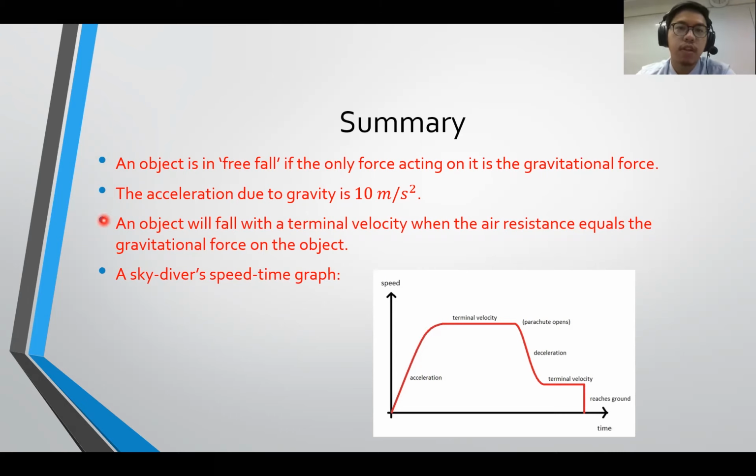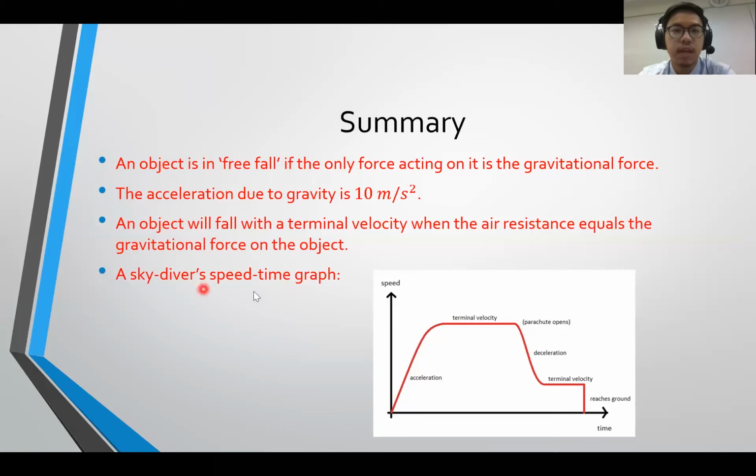When you are falling, your speed is increasing every single time, and then you will reach a maximum speed where your speed no longer increases. That is what we call your terminal velocity, or you can also call it terminal speed, but let's just use terminal velocity for your syllabus. So terminal velocity is when you reach your maximum speed when you are free falling.